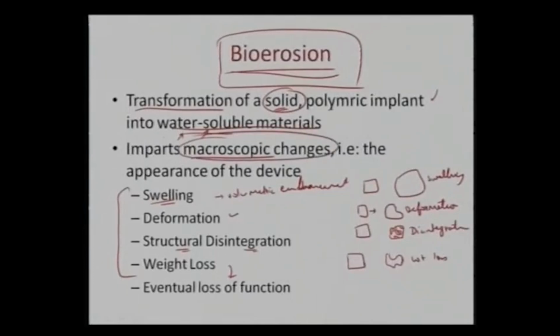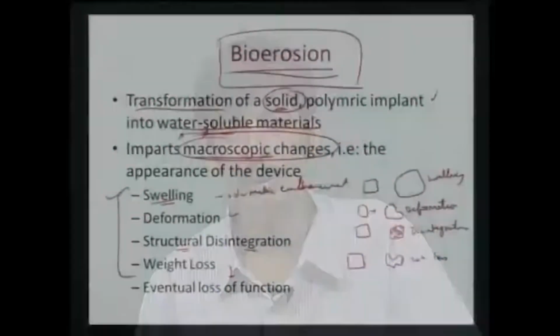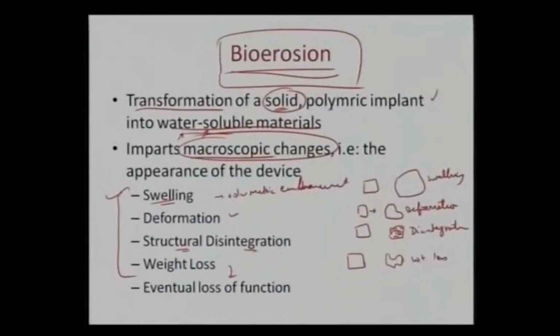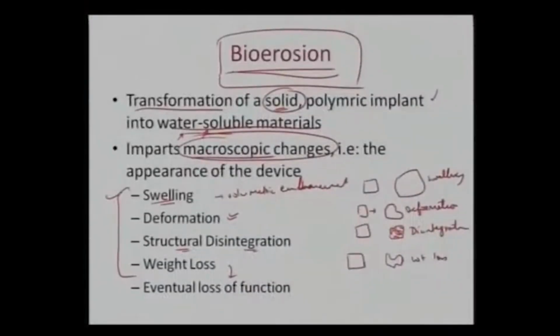So we can easily see a change in the appearance of a particular device, and that can occur with the bioerosion. The material or the device can swell. Swelling is nothing but the volumetric enhancement, as it starts absorbing water, so the hydrolysis might cause an increase in the overall volume, leading to swelling. It can again lead to deformation, because once it is undergoing certain changes, some part might get deformed as well, depending on how the erosion is occurring.